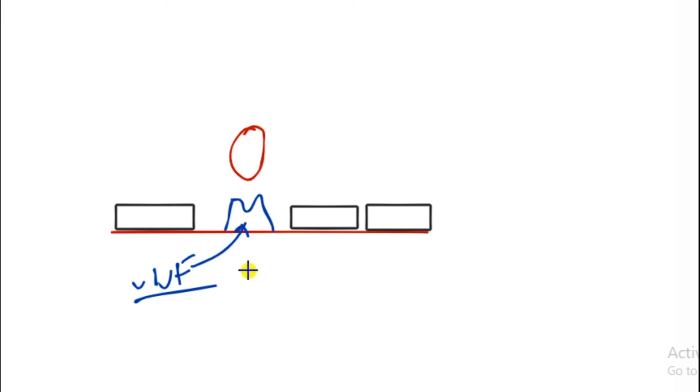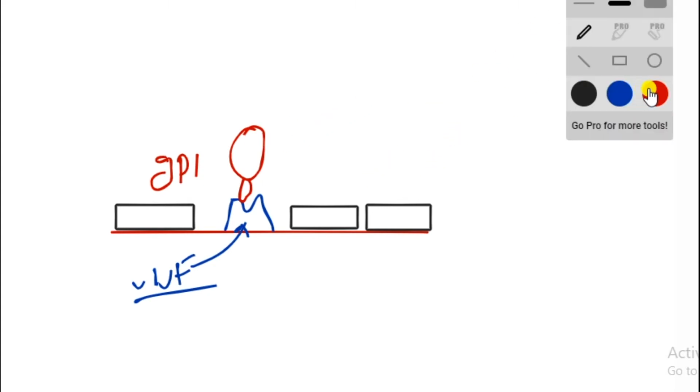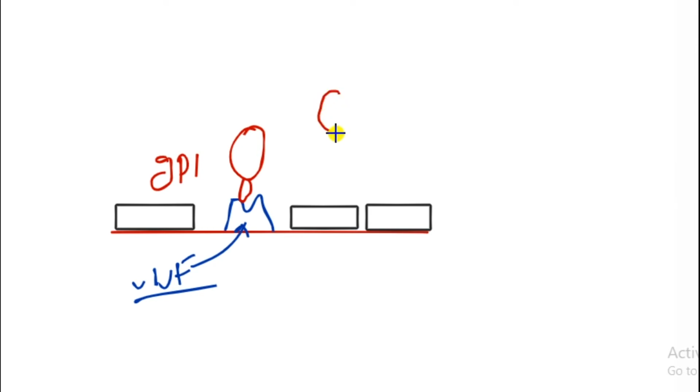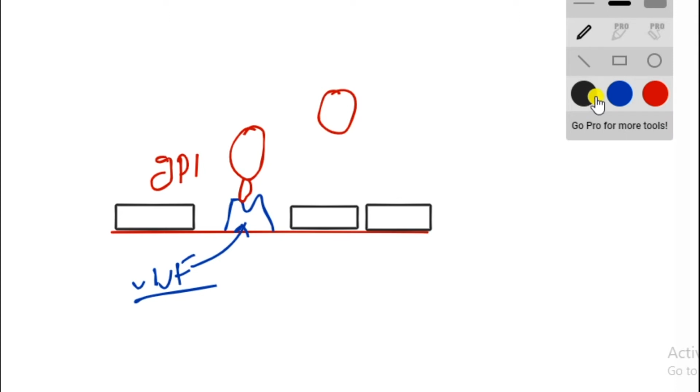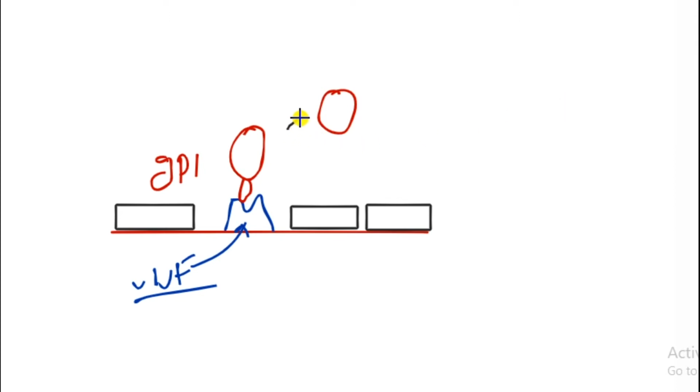It attaches by GP1, and this platelet can bind with another platelet by a fibrinogen link.